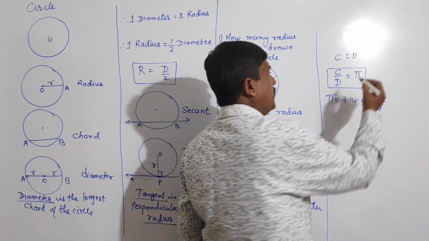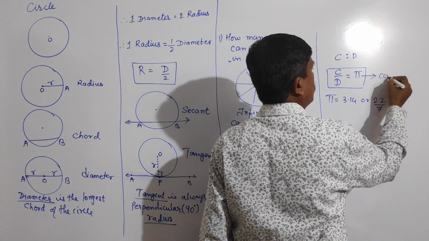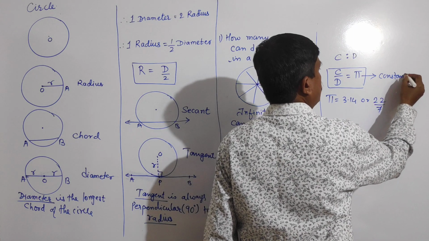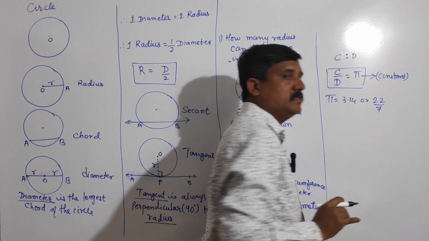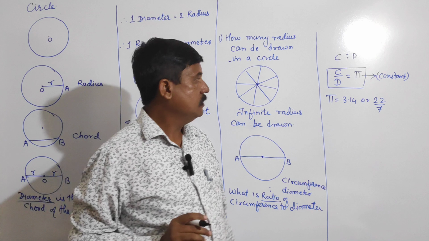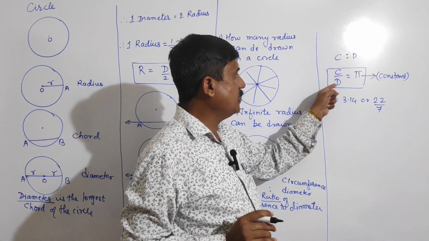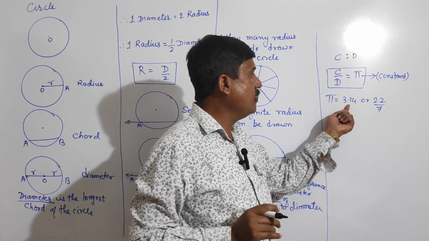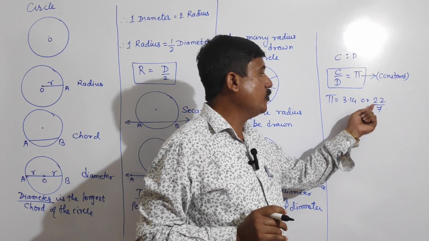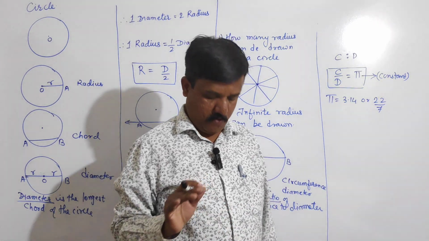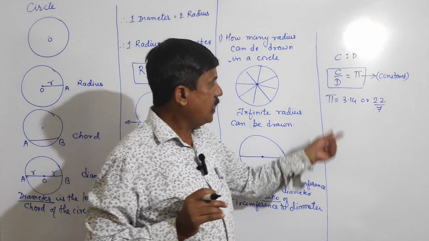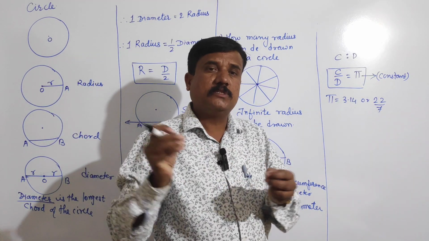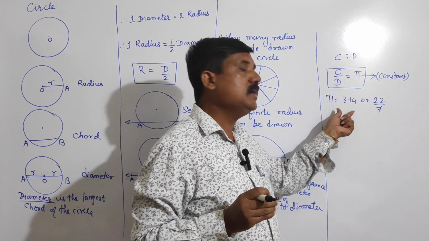But this pi is constant. The ratio of circumference to diameter, we will get the answer pi. Pi is not the accurate value 3.14 or 22 upon 7. The value differs slightly, so we are saying approx.